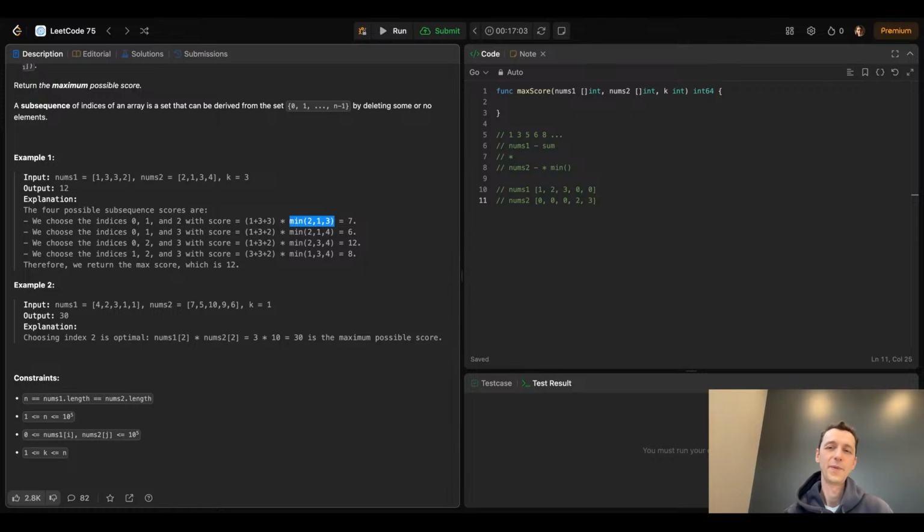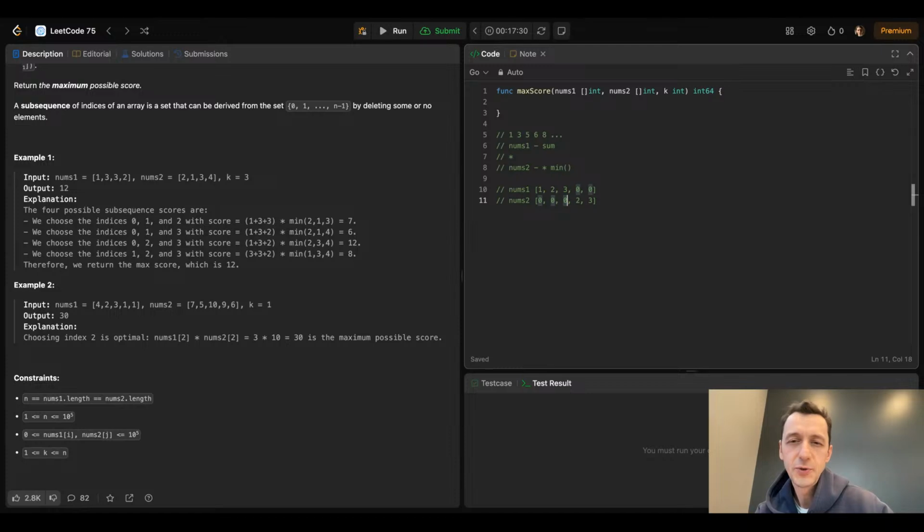So, if the k is 2, we definitely want to exclude the zeros, but we can't get anything out of that. In this case, if the k is 3, we'll hit the zeros anyway.